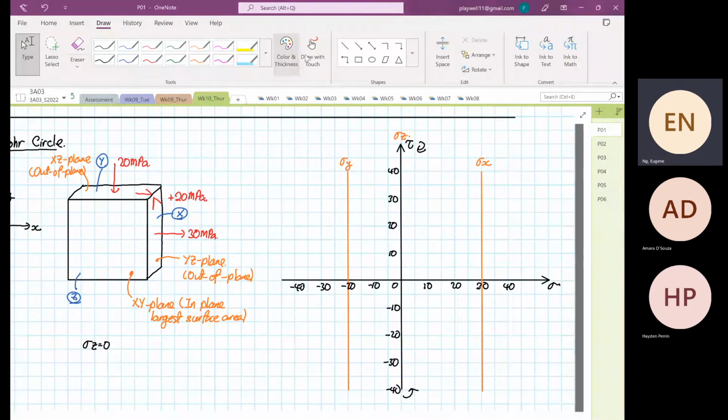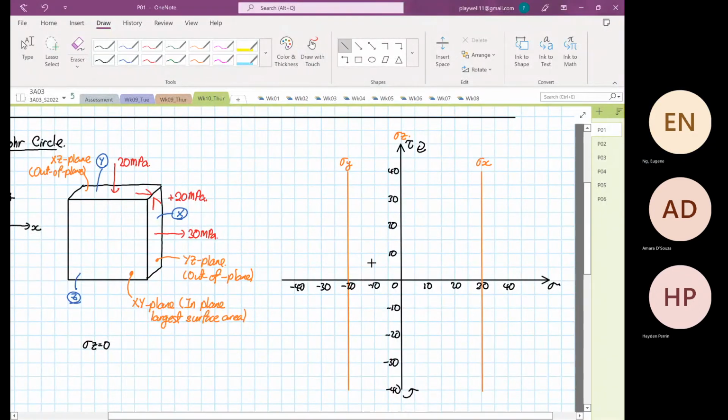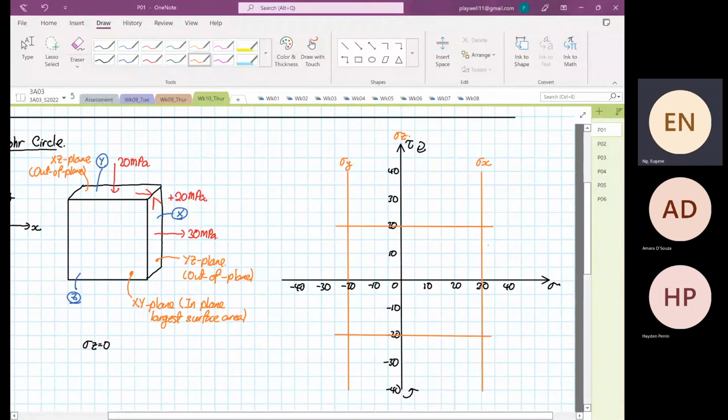Then we have our shear 20. Again, the shear is dependent on the rotation of the element. So let's look at the in plane, the XY plane.